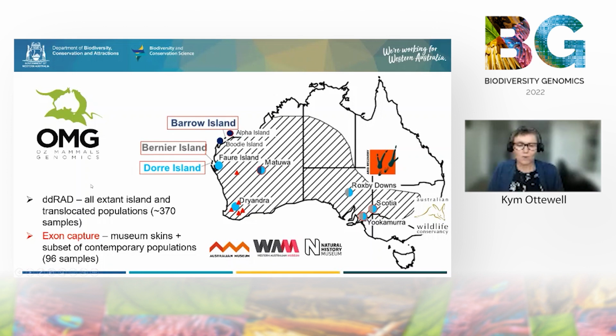For the contemporary samples, we were able to use ddRAD to obtain population genomic sequencing data for these populations. And as part of the OzMammal Genomics project, the universal marsupial exon bait capture kit was something we were able to use to obtain genetic data from museum skins, as well as from a subset of the contemporary populations.